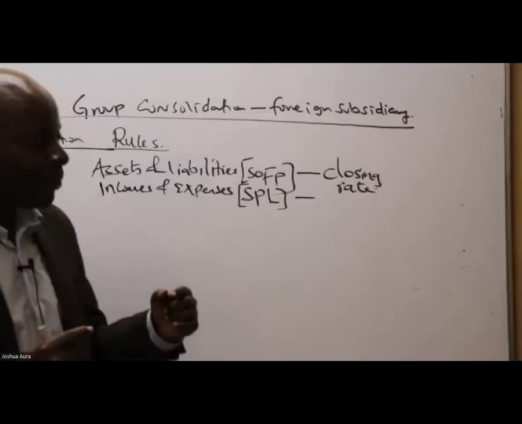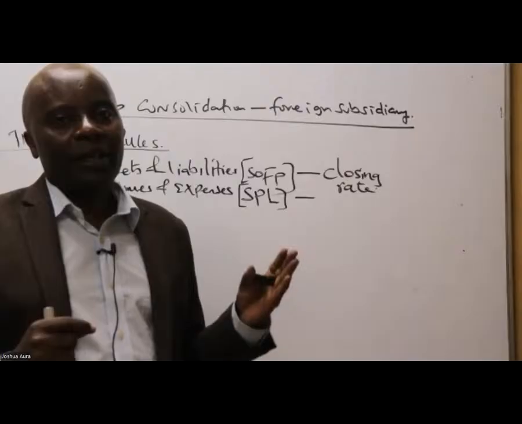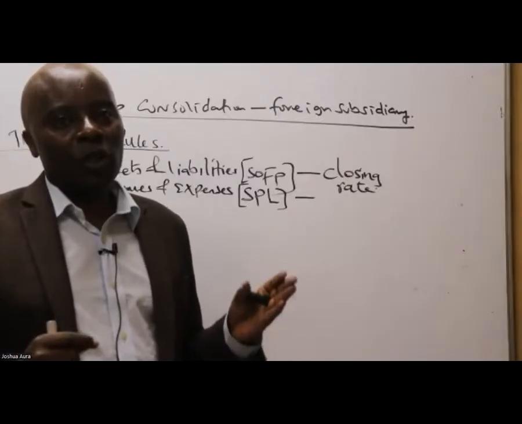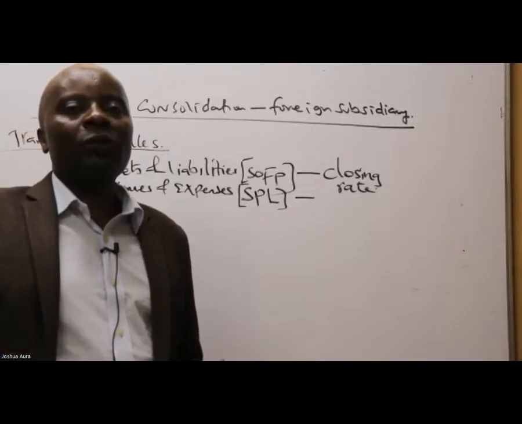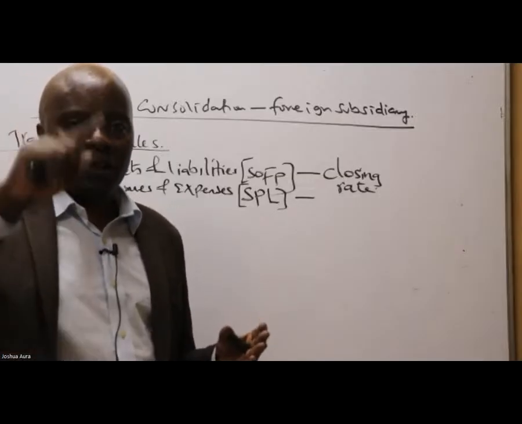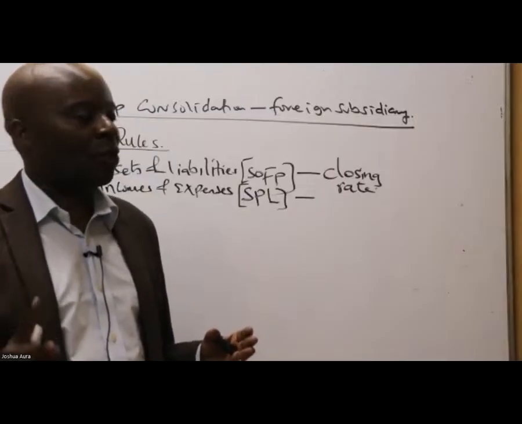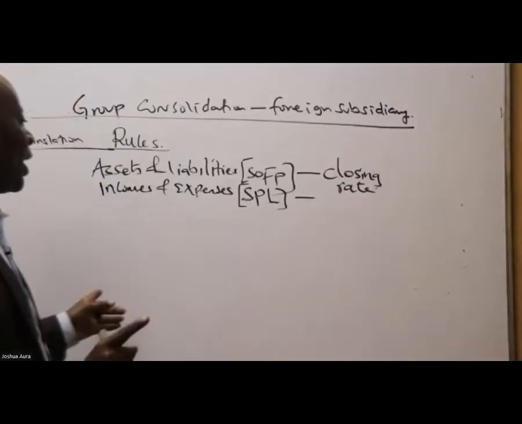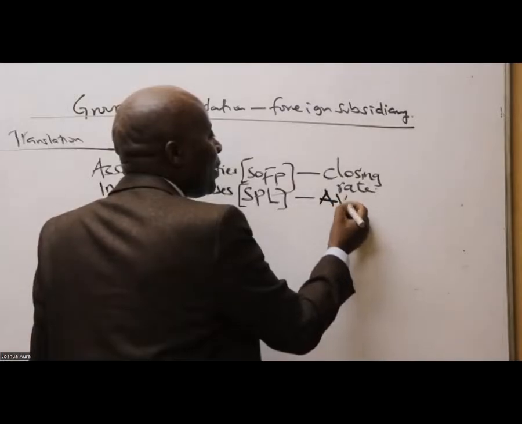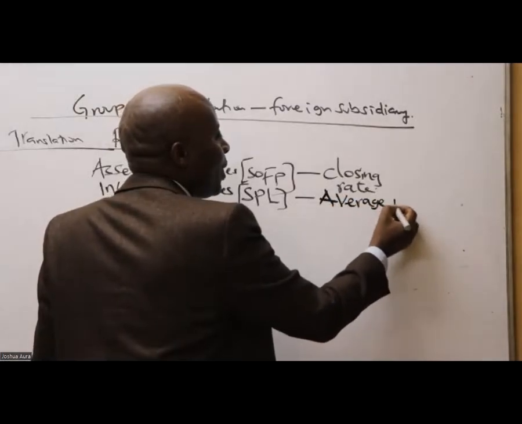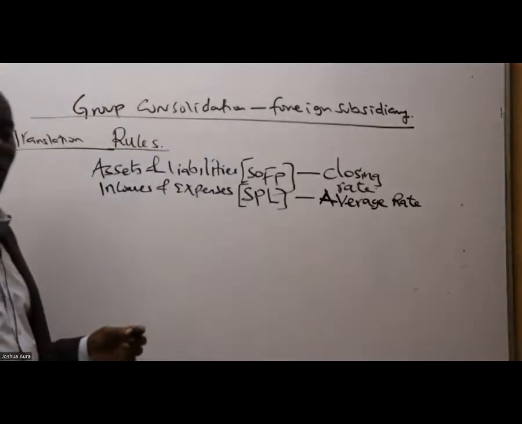You'll be getting, ladies and gentlemen, sales revenue coming to us on the 1st of January, on the 5th of January, on the 12th of December, etc. So over the whole year, we have transactions. So always, incomes and expenses, we shall be translating them using the average rate.